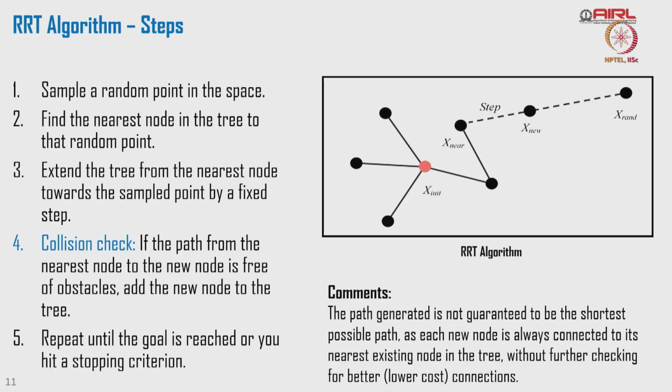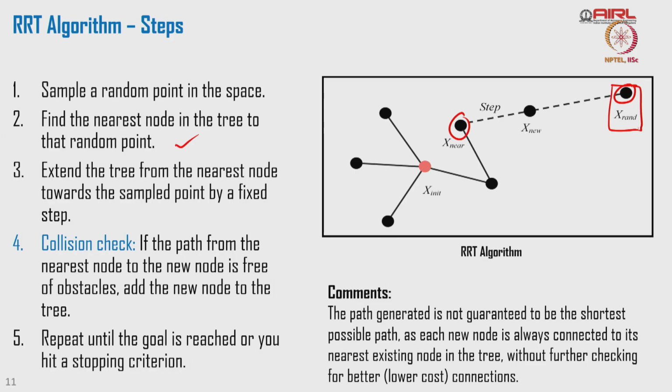First, sample a random point in space. Now, find the nearest node in the tree to the random point. Now, what does it do? It extends the tree from the nearest node towards the sample point by a fixed step.